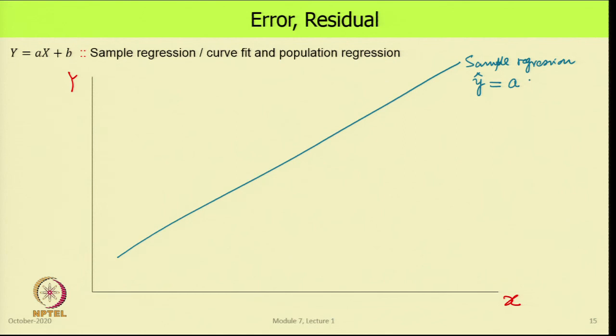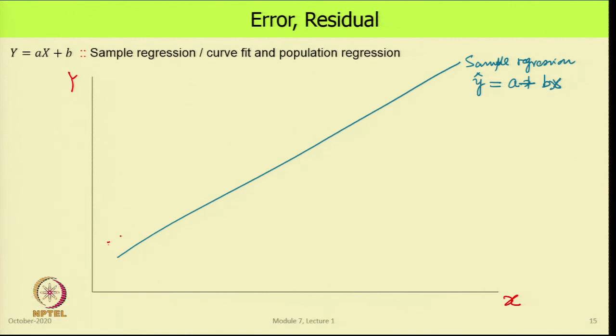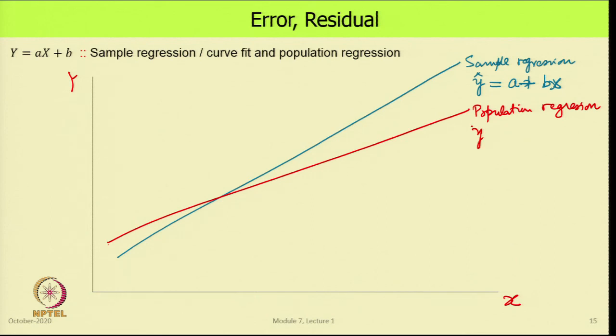This is A plus B x. And then we draw a second line, which is the population regression, which we will call y tilde is equal to alpha tilde plus beta tilde times x.